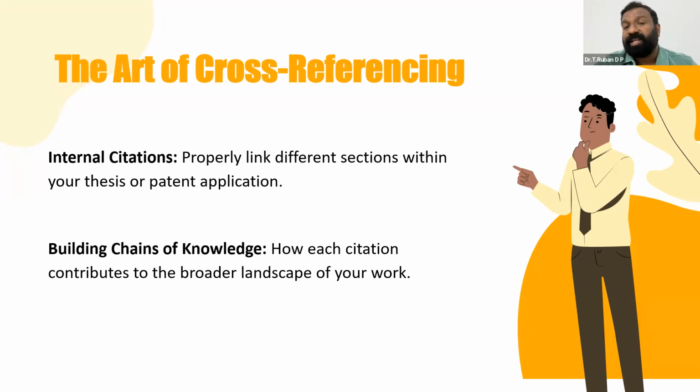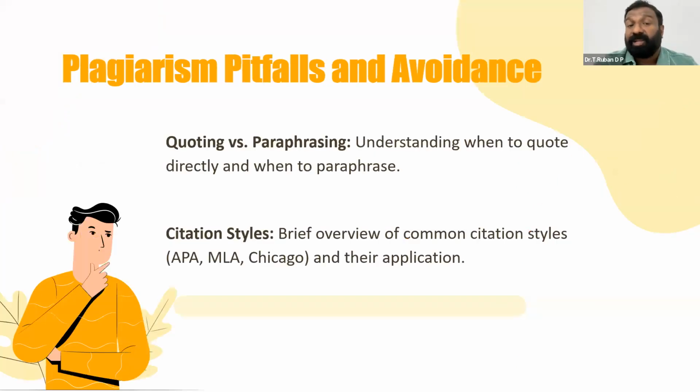And in the next slide, there is an important thing, plagiarism pitfalls and avoidance. There are two compasses to guide us, quoting versus paraphrasing, then citation styles. Both are important. Imagine your sources as different voices in a choir.